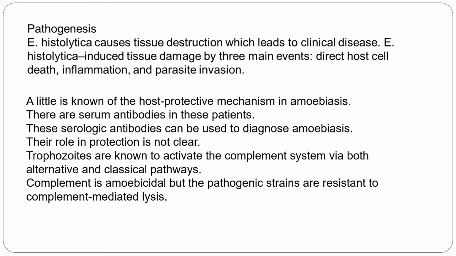So when it attacks the host cells, the host cell totally collapses or may die. A little is known of the host protective mechanism in amoebiasis. There are serum antibodies in these patients. These serologic antibodies can be used to diagnose amoebiasis. Their role in protection is not clear.